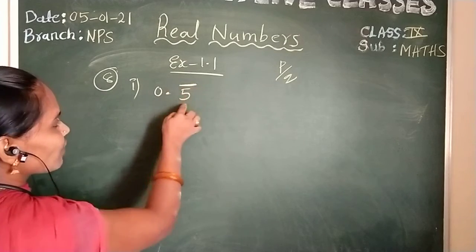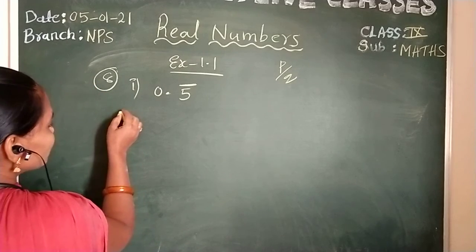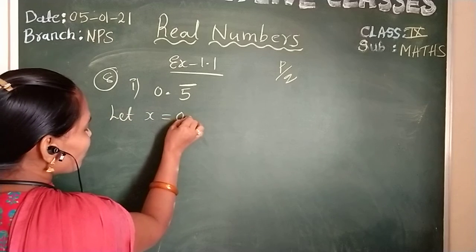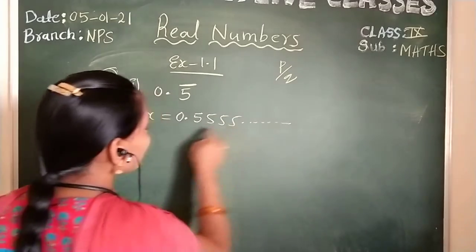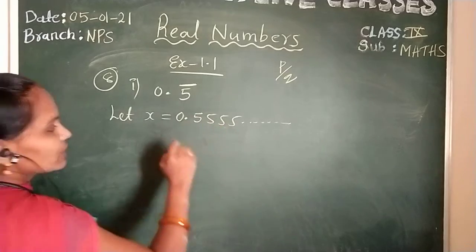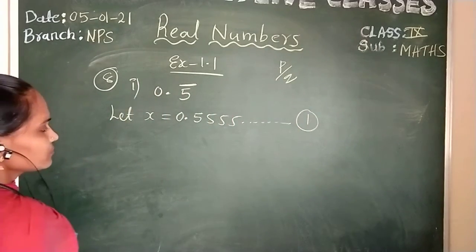So first you have to take, let x equal 0.555 and so on. 5 is repeating because the bar is there. Take this as equation 1.